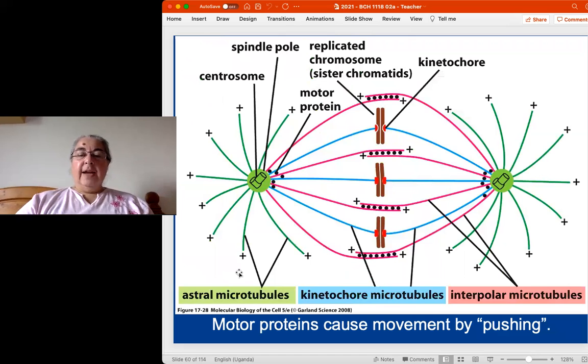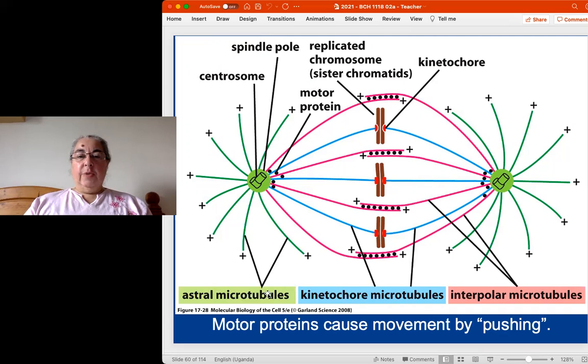So when we look at how that works in the actual spindle setup, here are the two centrosomes which act as an organizing and starting point for the spindle. So this is what we can see in the microscope as the spindle pole, the place where all the spindle fibers seem to be joining together. There are different sorts of microtubules doing slightly different jobs.